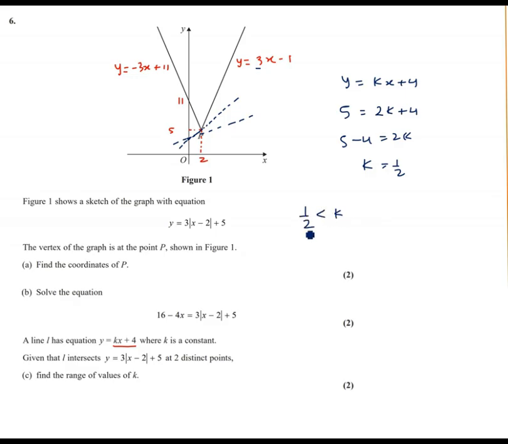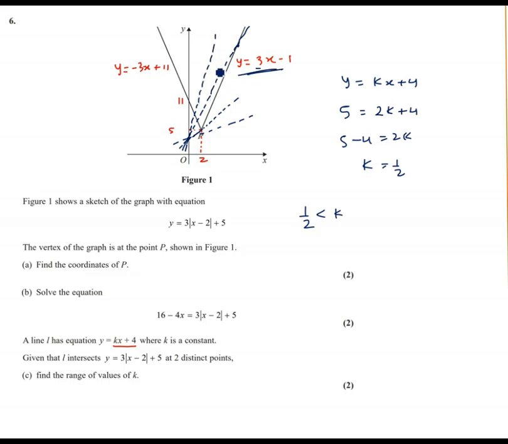Now let's see what is the maximum value of k. Imagine there is another line like this that intersects, so we need to find out until when this line intersects this line here.